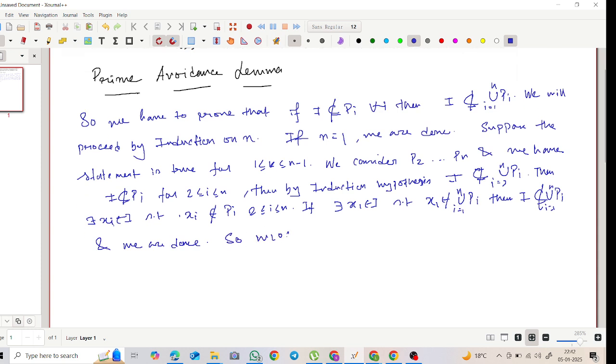So without loss of generality, let... but just a minute, it may happen that x1 is not in P1, but I will pick another x1.